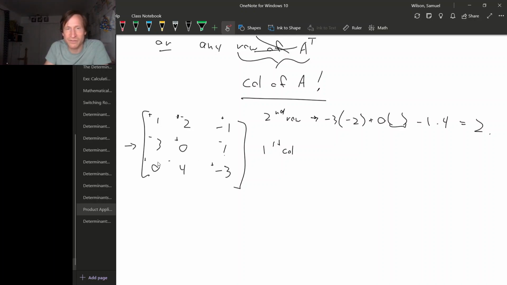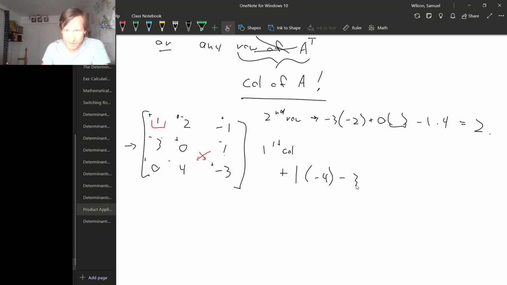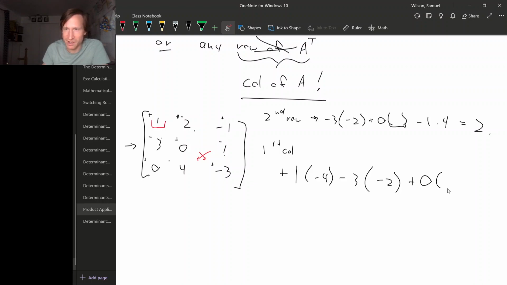When we go down the first column, we start with the plus 1 from this entry, times my little cross determinant here, so 1 times -4, and then a -3 times -6 plus 4, so that's -2, and then plus 0 times whatever.